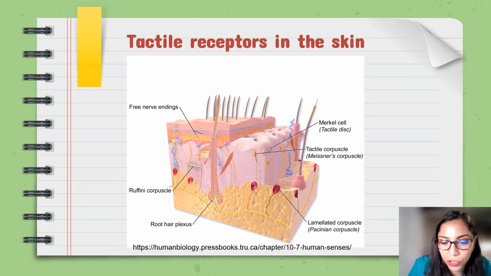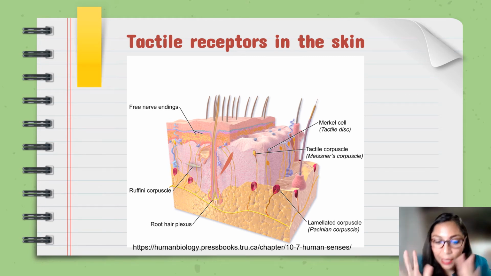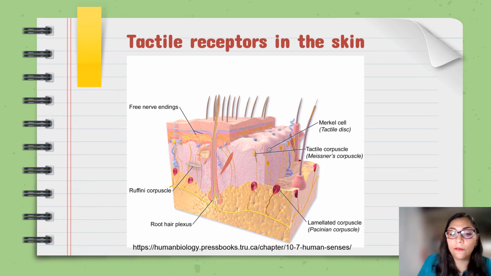In this picture, you can see the structure of the skin. As you can see, there are a lot of receptor cells, or specialized structures called receptors. In this case, we have the free nerve endings, we have the Ruffini corpuscle, we have the hair follicle, so this is the hair in our skin.